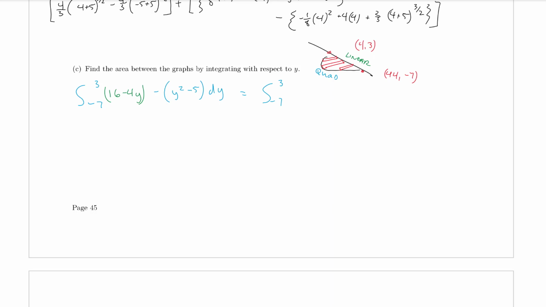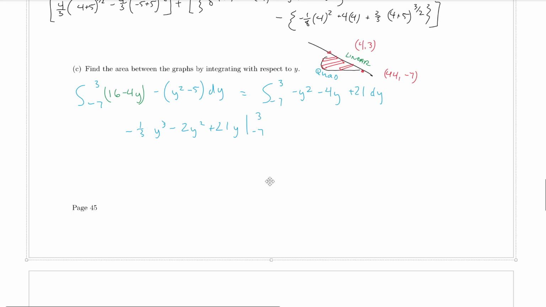We get the integral from -7 to 3 of negative y squared minus 4y plus 21 dy. And when we evaluate that, we get -1/3 y cubed minus 2y squared plus 21y, evaluated from -7 to 3.